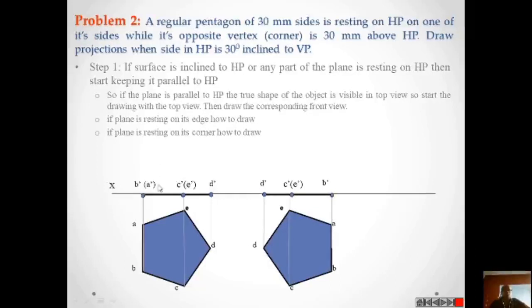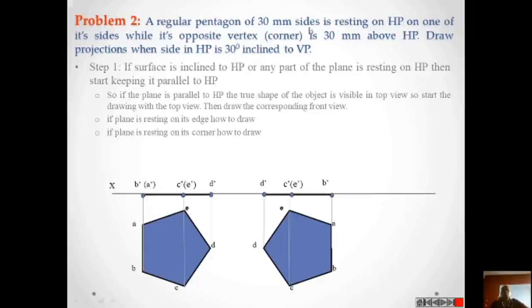Now if we do like that, the edge BA will be on HP, and if we rotate like this and lift the edge, then D will be on HP. So this is the corner. If the corner is resting on HP, then we will draw like this. If the corner is resting on HP, we will draw the second one. If the plane is resting on one of its edges on HP, then we will draw the first one.